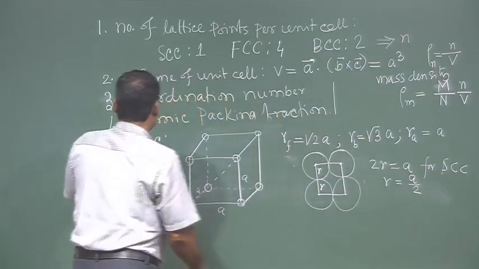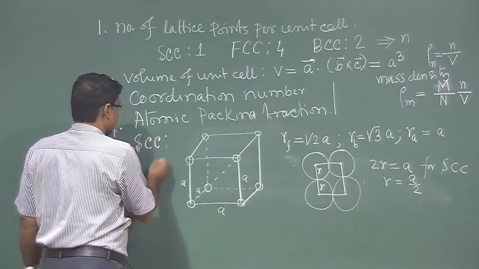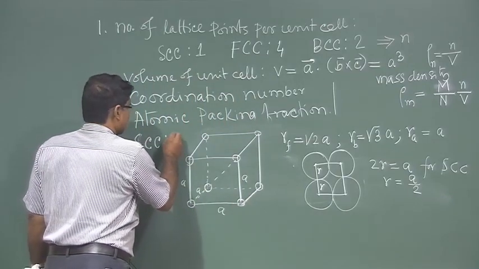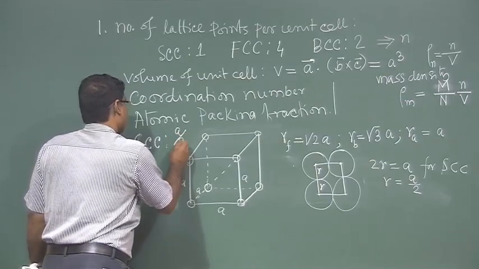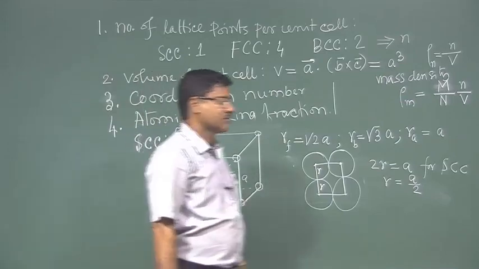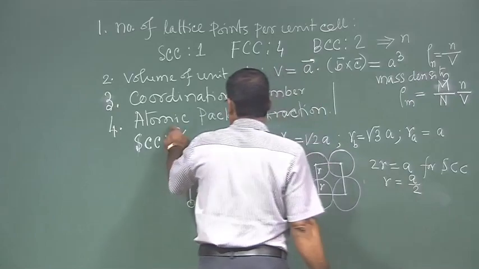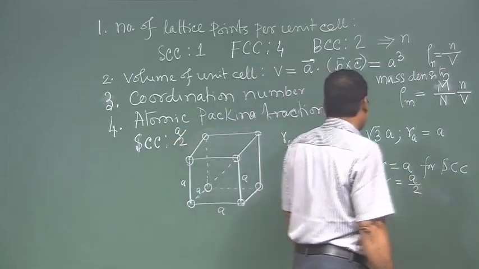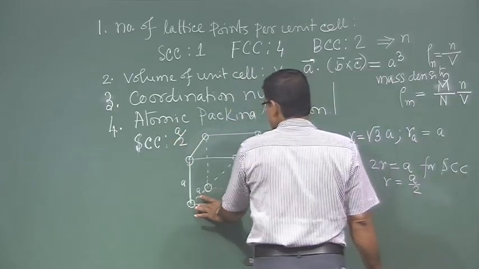So in case of simple cubic, we got that the radius of the atom will be half of the lattice constant a.